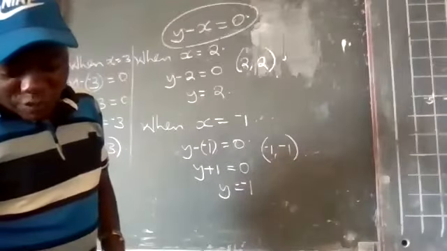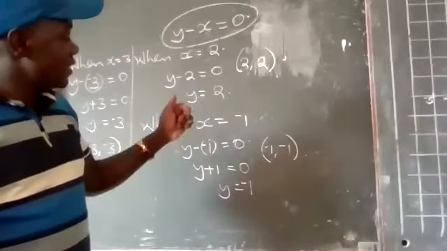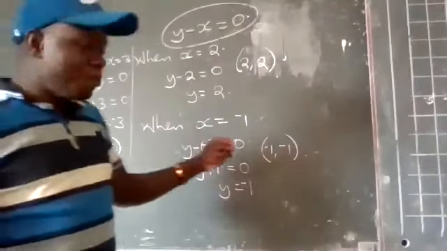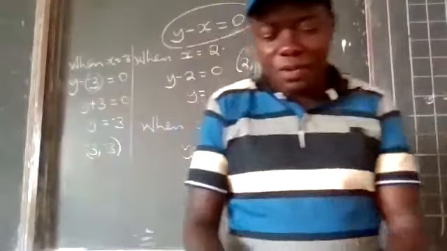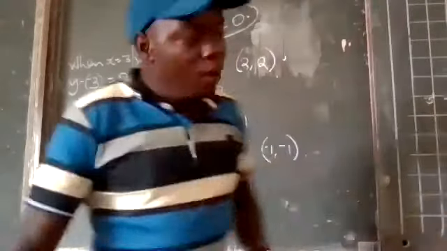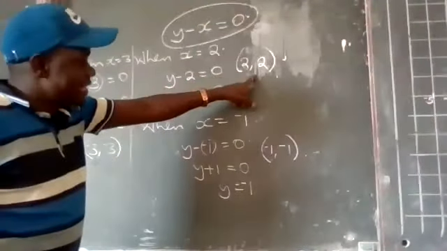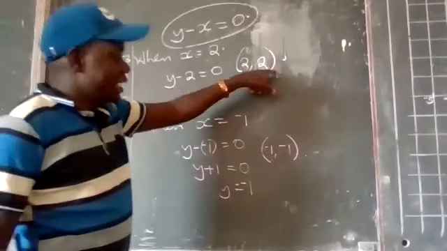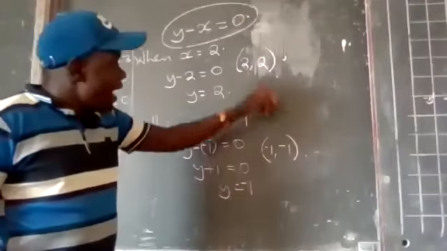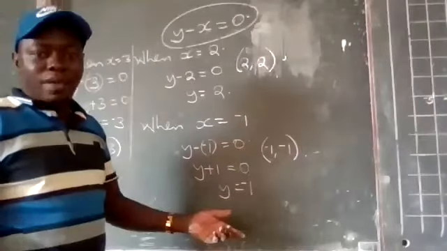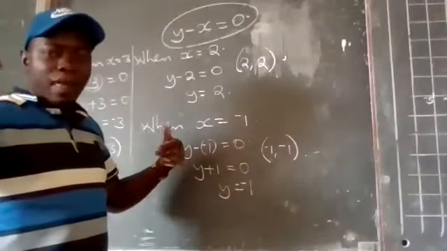Yes, 2 points are okay, but the reason why I bring the third one is to check the accuracy of the first two. When I get the first point correct, and then I make a mistake in the second point, when I plot, the line will still come. Any 2 points will give you the line.